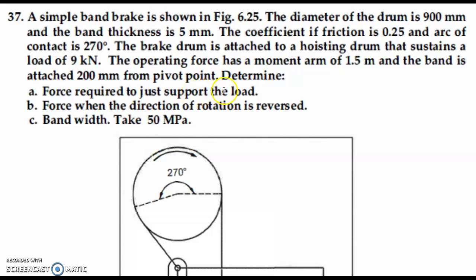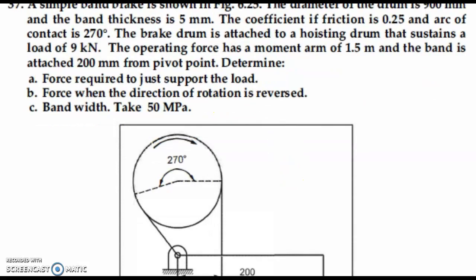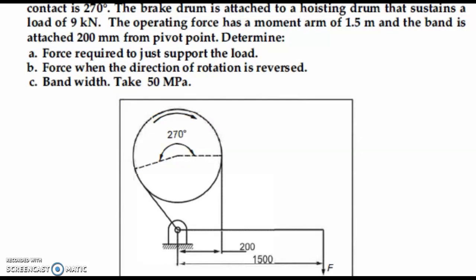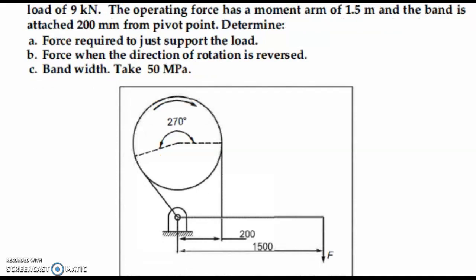just support the load. Next one, force when the direction of rotation is reversed. Then third one, bandwidth. Take sigma is equal to 50 megapascal. Now just write this question and draw this figure. This is the free body diagram.